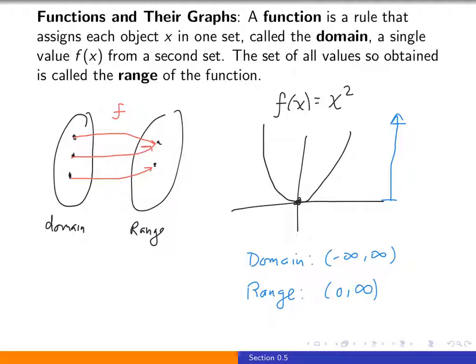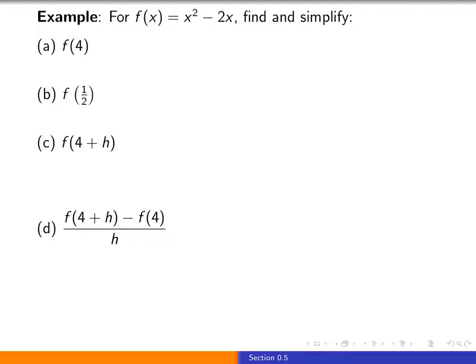So let's look at just some basic function evaluations. For the function x squared minus 2x, let's find and simplify the following quantities. So f of 4. Well, one of my favorite ways of thinking about a function is to change that independent variable x, which is just representing what we're plugging in, to be a blank box.